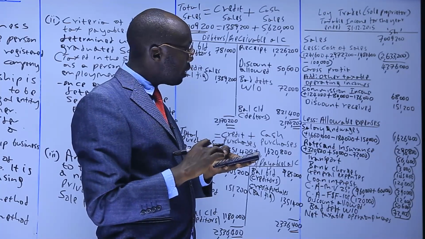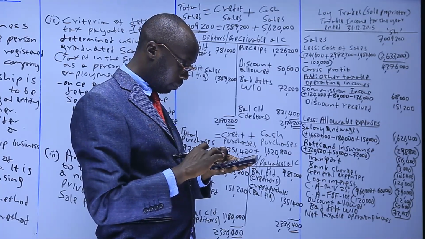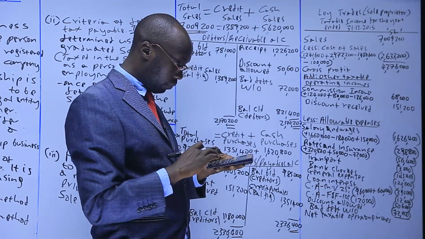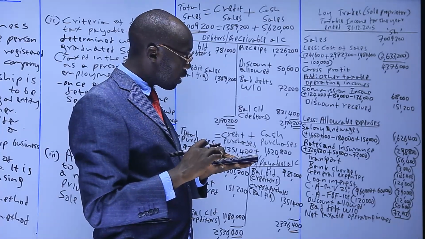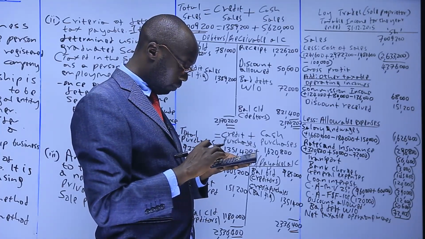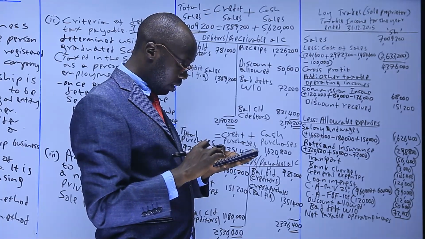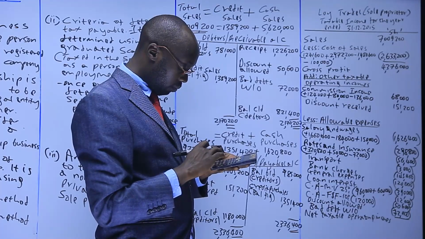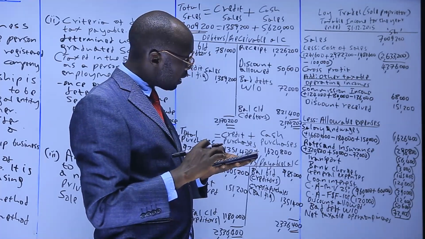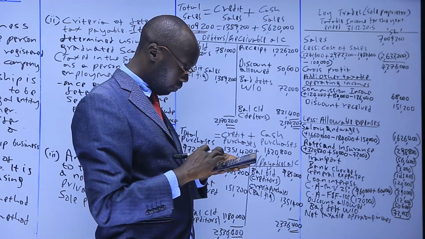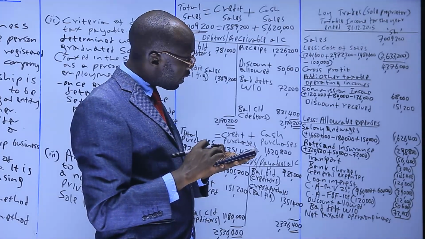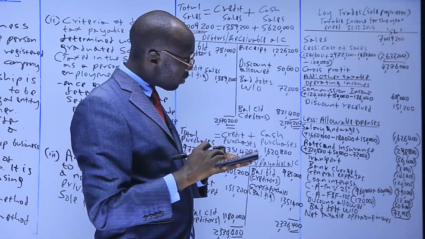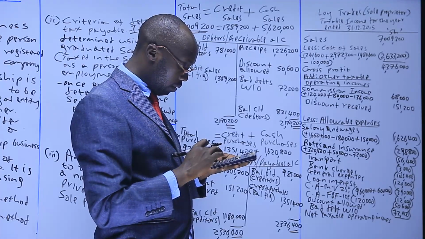Then we add 68,000. And then we add 151,200. And then we minus 1,626,400. And then we minus 298,800. And then we minus 56,400. We minus 3,000. We minus 145,400.